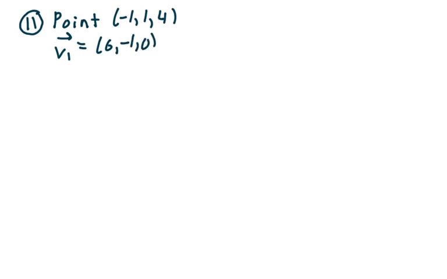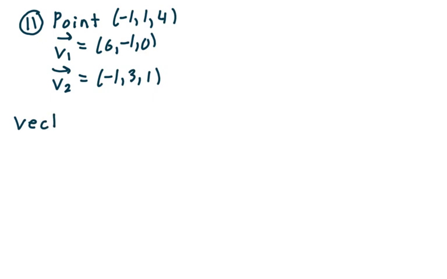So if we take a look at 11, on 11 we have the point (-1, 1, 4), and the vectors v1 is equal to the vector (6, -1, 0), and v2 is the vector (-1, 3, 1).